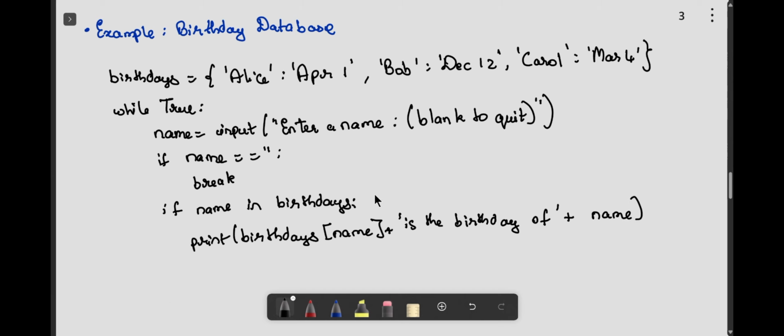So what we are doing is printing the name which you have provided, and whichever name you have entered, if there's a birthday in the database, it takes that and prints it. For example, you gave Alice, it checks if Alice is in there, so April 1st is the birthday of Alice is what it prints.